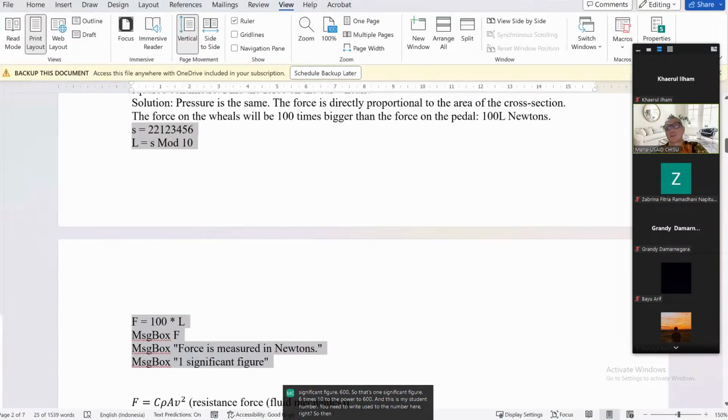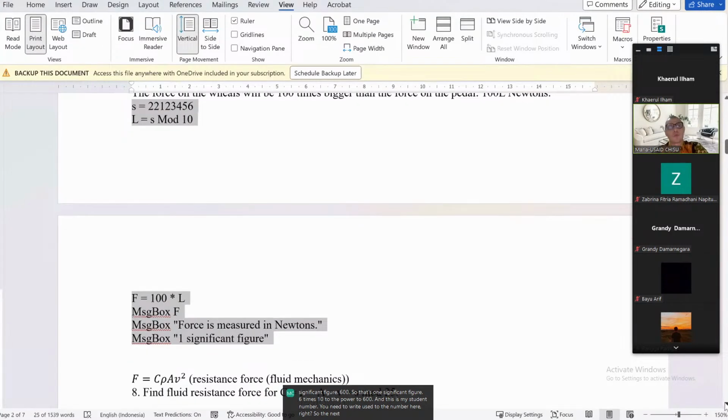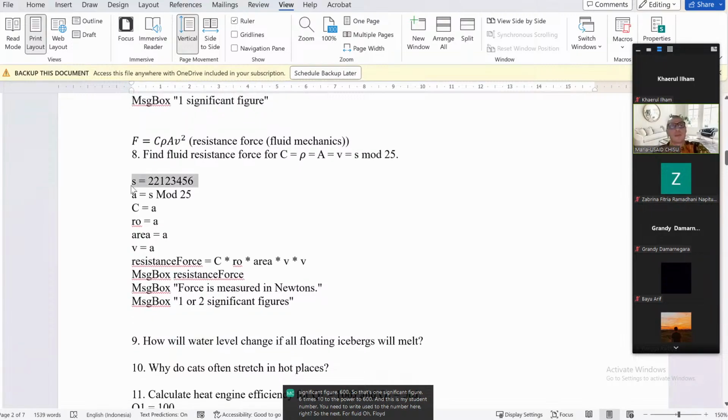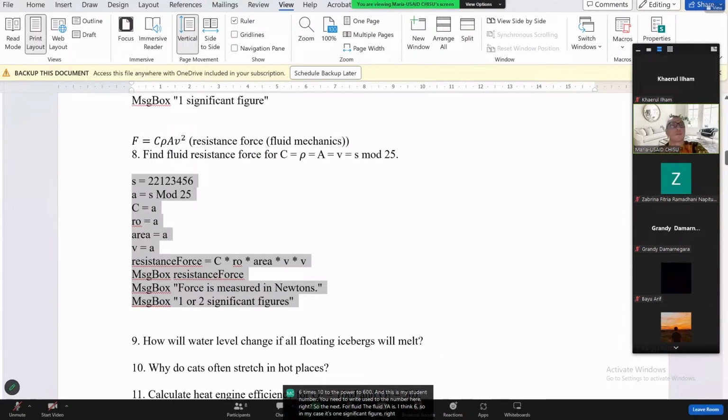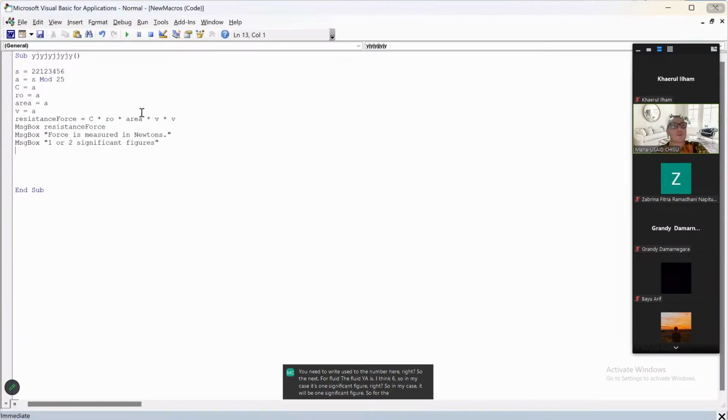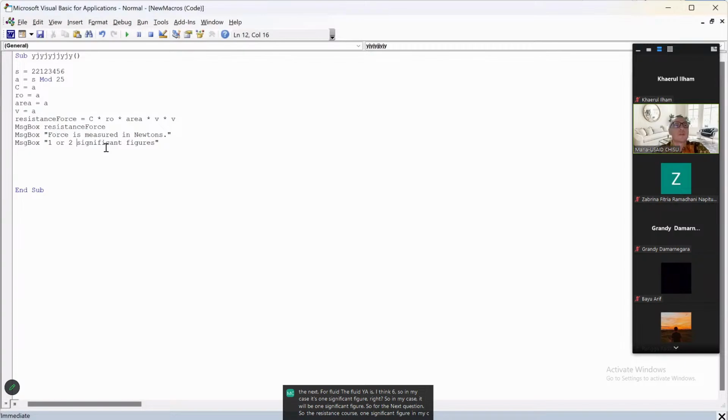So the next, for fluid, my A is, I think, 6. So in my case, it will be one significant figure. For the next question, the resistance force, one significant figure in my case.